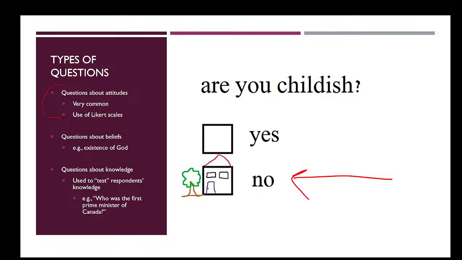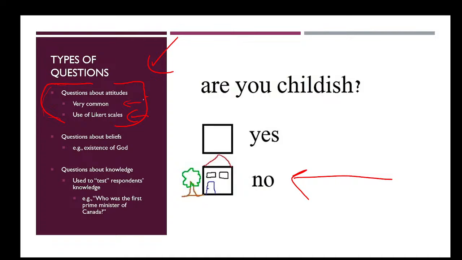Okay, other kinds of questions. Attitudes, opinions, super common, often using Likert scales. I would say the bulk of public opinion research is just attitudinal and opinion research. So super common, super useful.